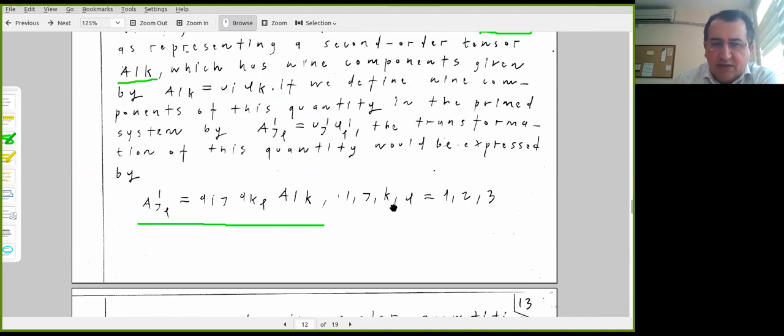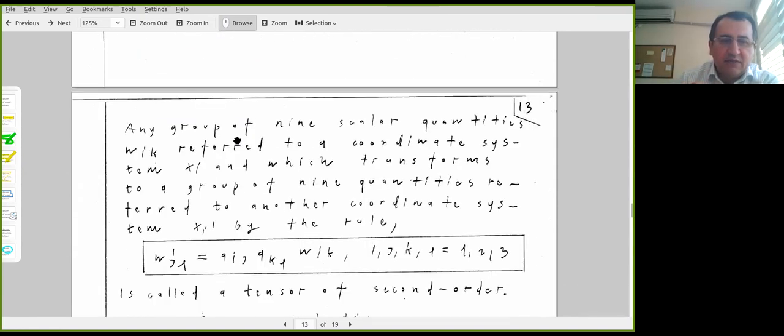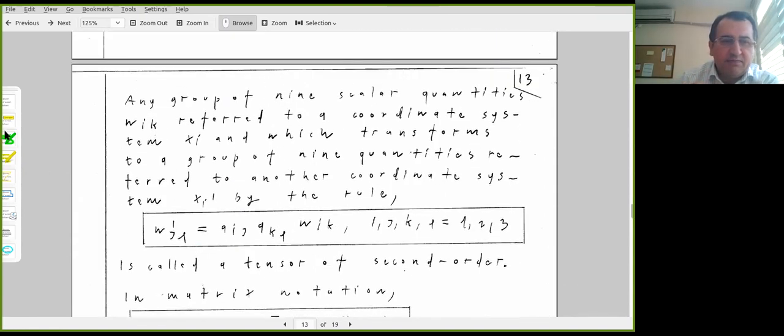And the indices i, j, k, l, there are four indices here. Each of them varies from 1 to 3. This is called second order transformation formula. It's again written one more time on this line.